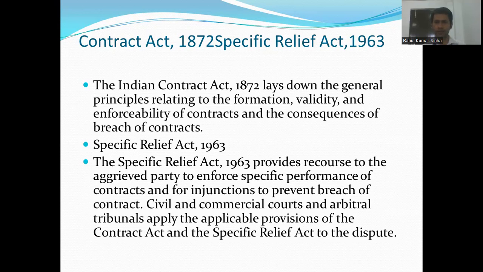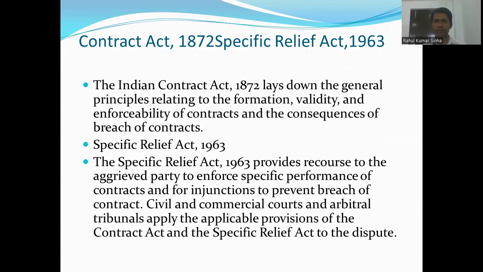And the Specific Relief Act 1963 defines that if there is any default, it provides recourse to the aggrieved party to enforce specific performance of the contract.